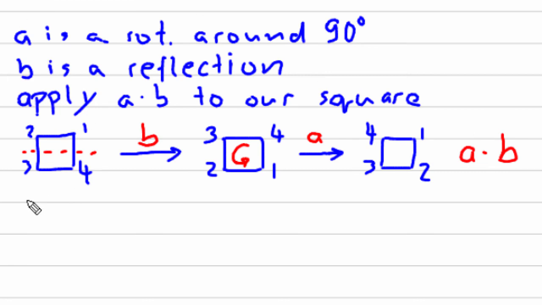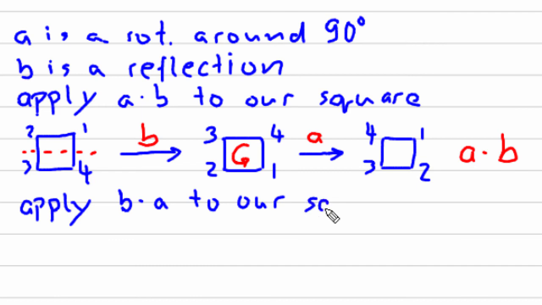Just out of curiosity, let's apply B times A and see if we get exactly the same result. Now you can guess what will actually happen here. So let's apply this to our square.